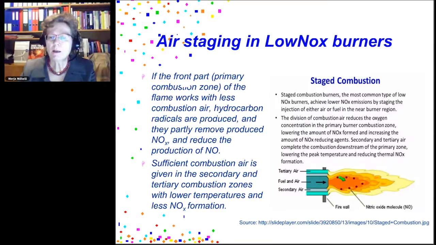Then in outer parts of the flame, we have excessive air from the secondary air feed and tertiary air feed, and this completes the combustion, and we have enough air, and all of this results in less nitrogen oxides in this kind of combustion.